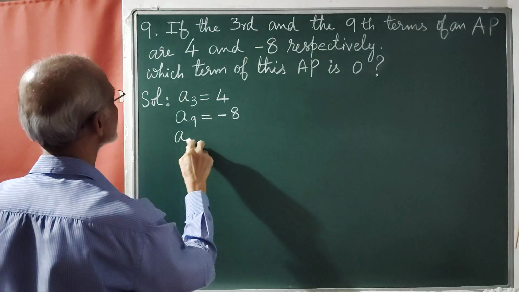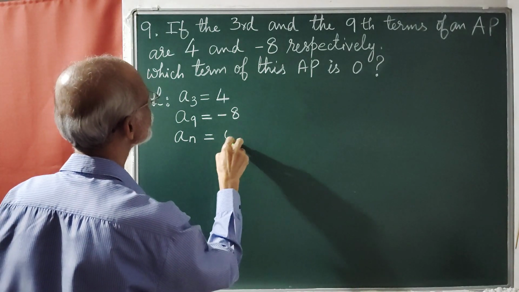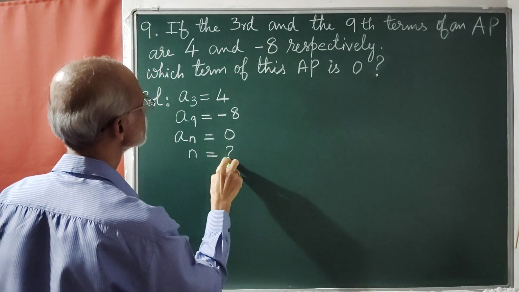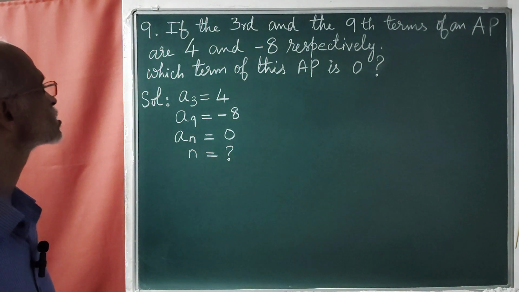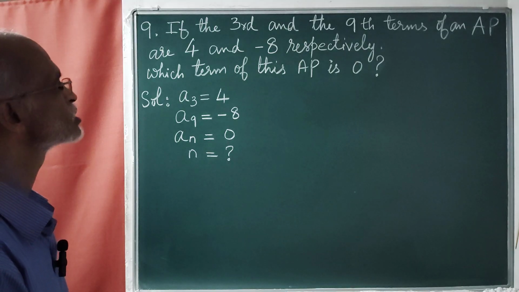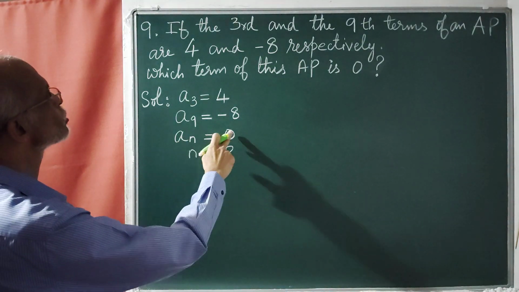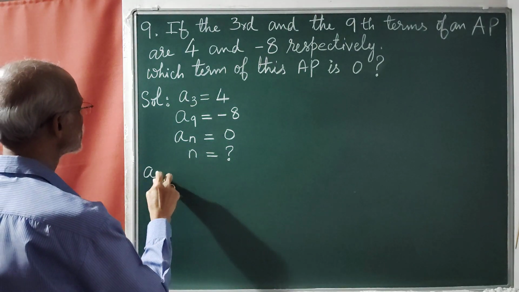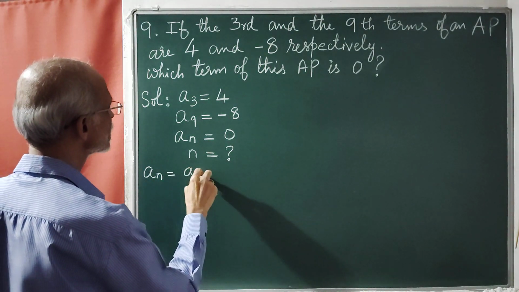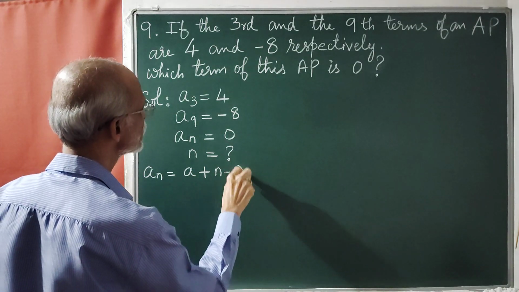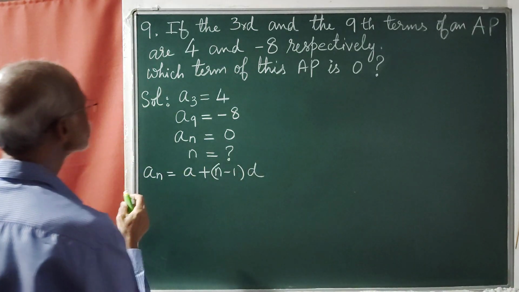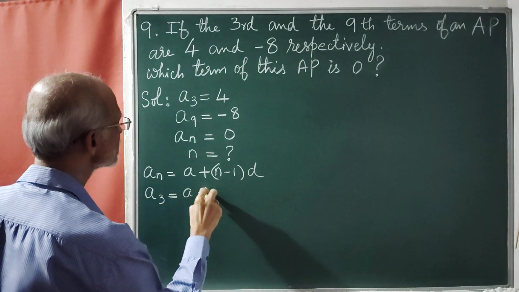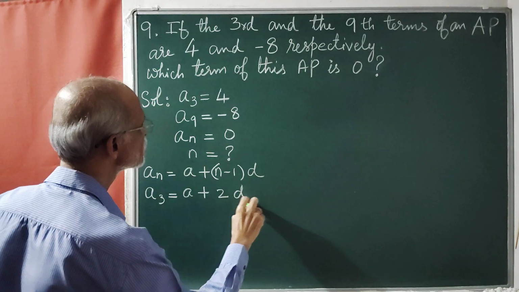Now An is equal to 0 and we need to find the value of n. We have to find which term of this AP is 0. So let An be equal to 0. We have to find the value of n. Now An is equal to A plus n minus 1 into D. So A3 will be equal to A plus 2D.